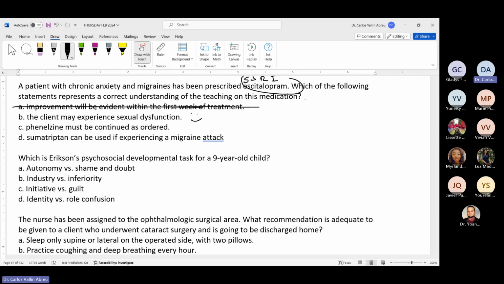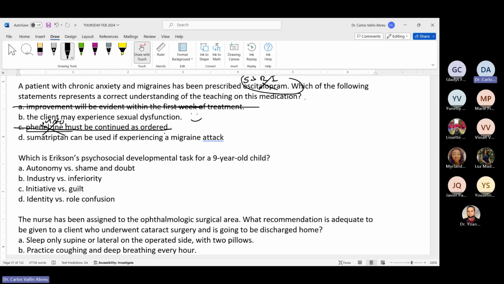Phenelzine, so it is assuming that the patient was taking phenelzine previously, must be continued as ordered. Phenelzine is a MAO inhibitor. A MAO inhibitor cannot be combined with SSRIs. So it is incorrect. Okay, it is unacceptable. It's very risky, it can produce hypertensive crisis.